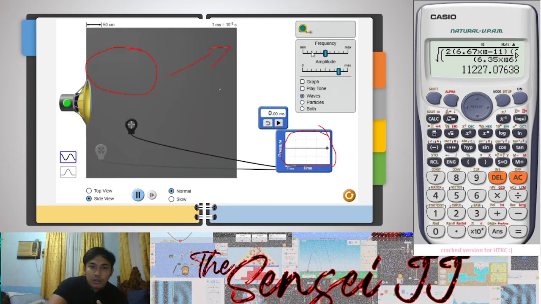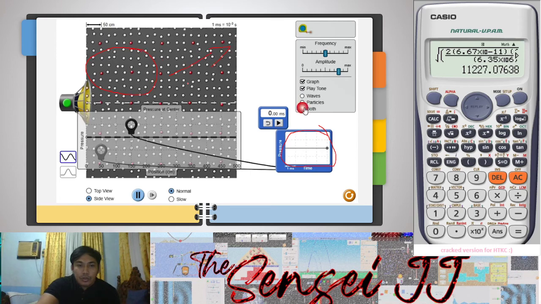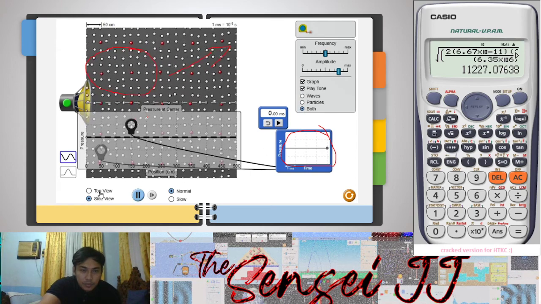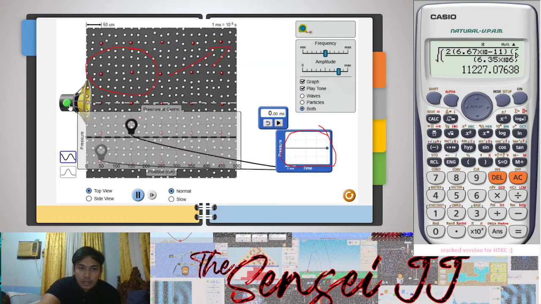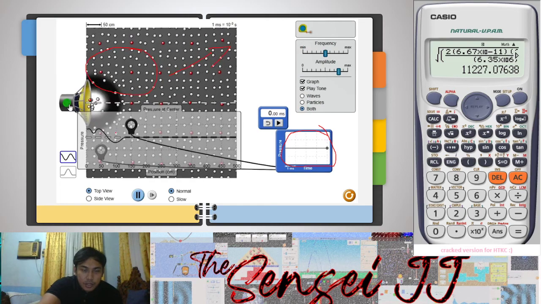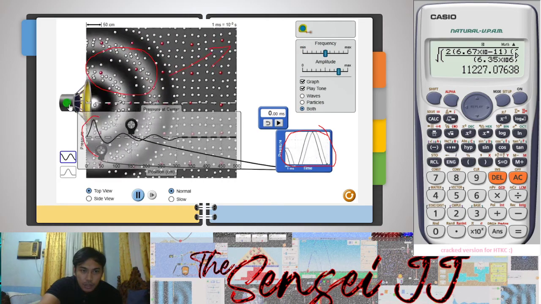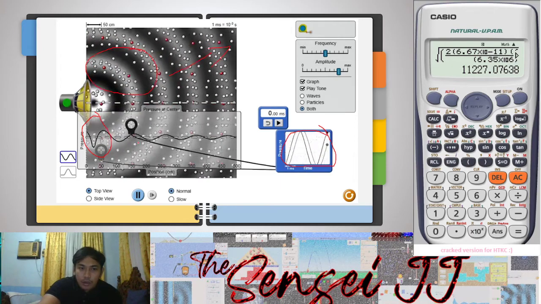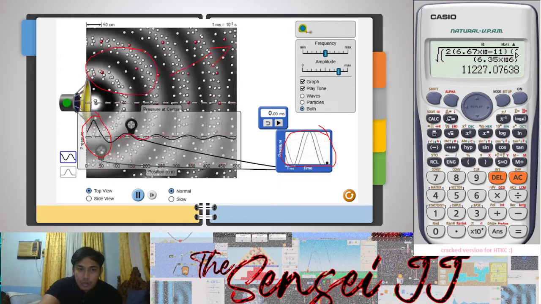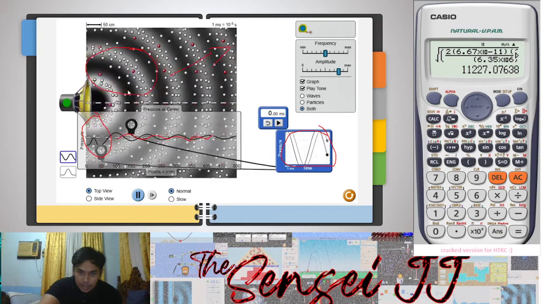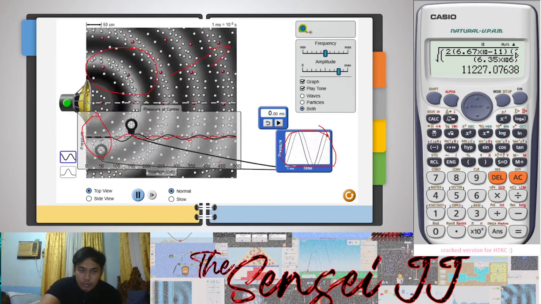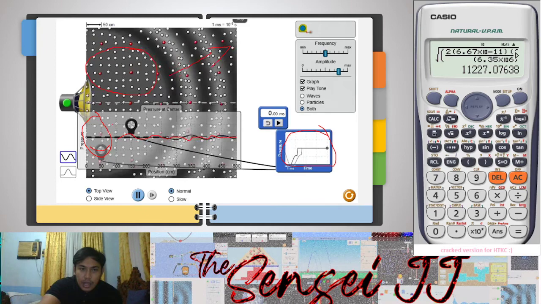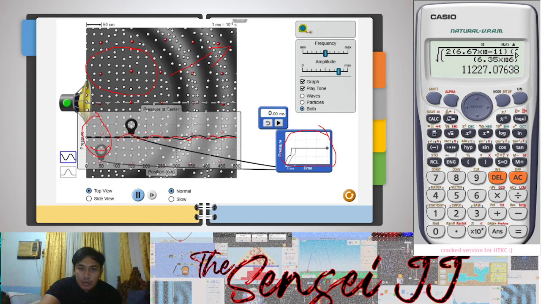Okay, so let's go back to this one and I'll be showing you something more. In here, as you can see, there's a large wave at the start of our waves, and it is gradually flattening. This one has a bigger value of our waves, and in here we have a smaller one up to none.